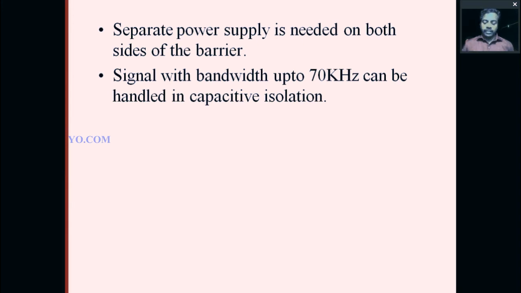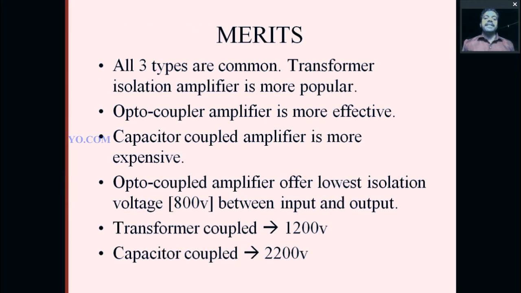Next is the merits or advantages of the optocoupled amplifier, that is, the advantages of the different coupled amplifiers. All three are common, but transformer isolation is very popular. Why is transformer isolation very popular? Because the price of the transformer is very low, so most devices use transformer isolation.